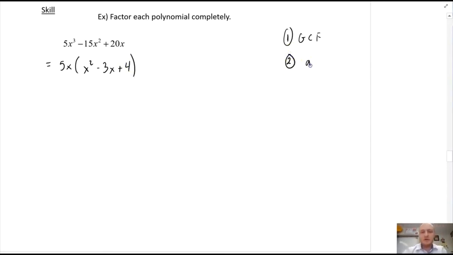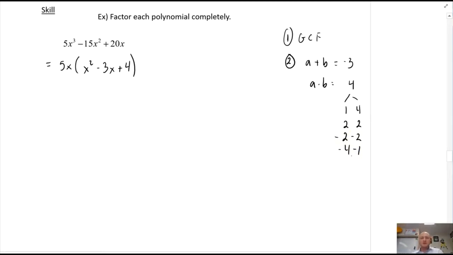Step 2 is, okay, what are two terms that add up to give us our middle term, which is -3, and multiply to give us our last term here, which is 4. Okay, and well, the answer is none. I don't have any, right? I can have 1 times 4, 2 times 2, 2 times 2, and 4 times 1, where half of these are positive, positive, and then half are negative, negative.